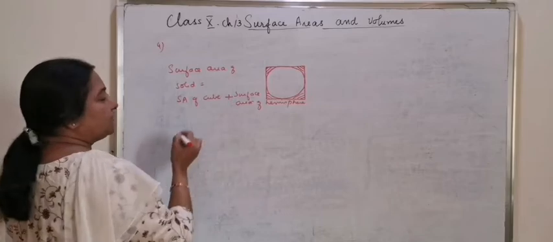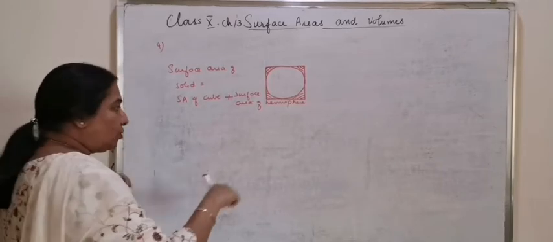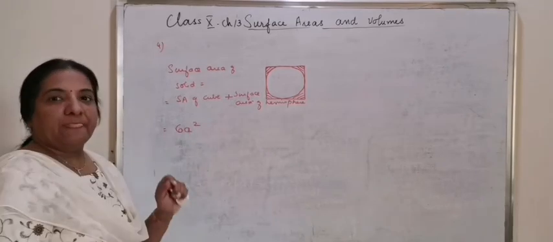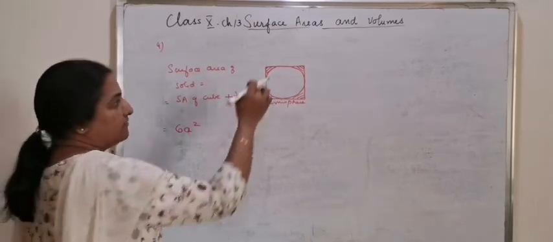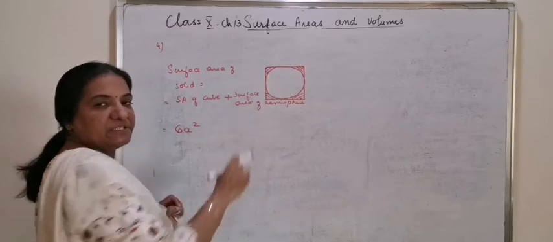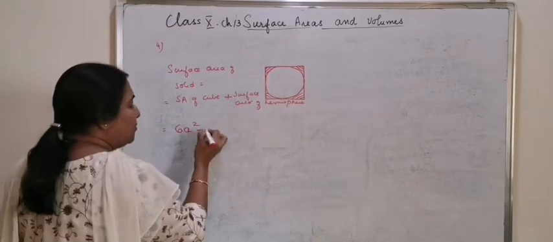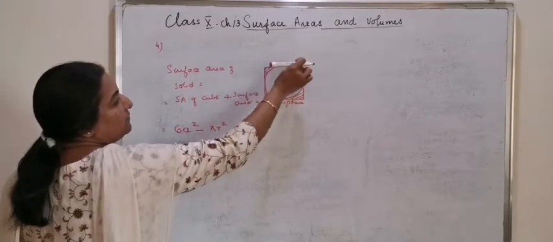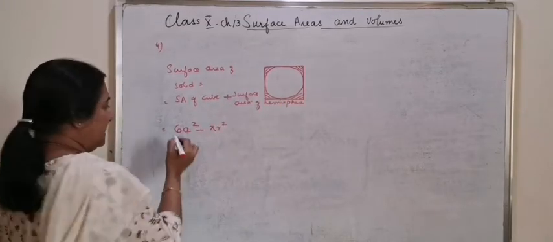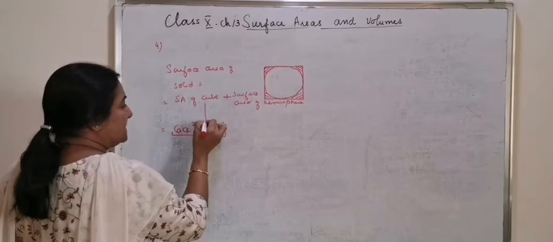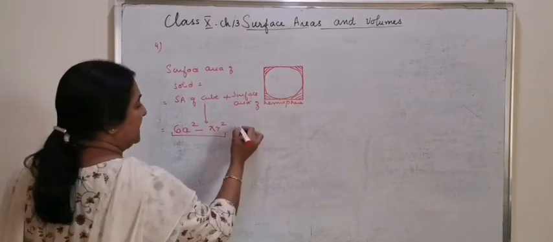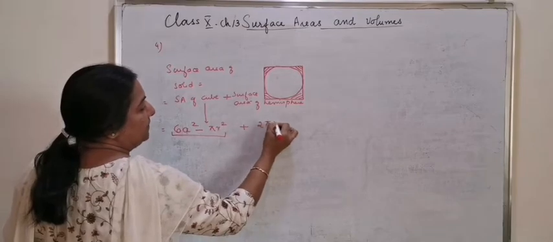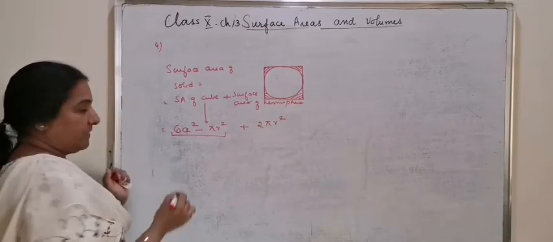The surface area of the cube will be, the total surface area is 6a square. From that 6a square, from the face where the hemisphere is kept, you have to subtract the area of the circle, which will give you the shaded region. That will be the surface area of the cube plus the surface area of the hemisphere, which is 2 pi r square.